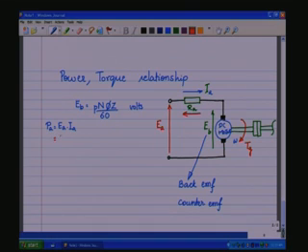So, this is equal to EB plus IA RA, into IA, or this is equal to EB into IA plus IA square RA.